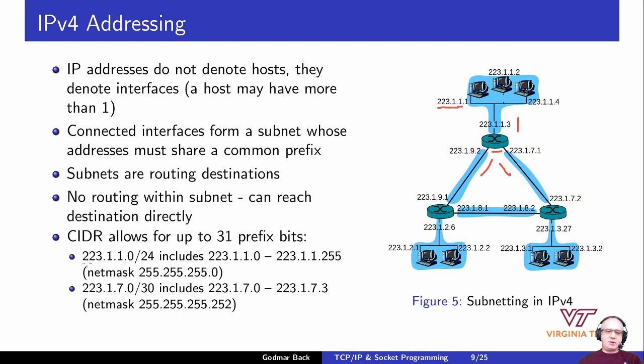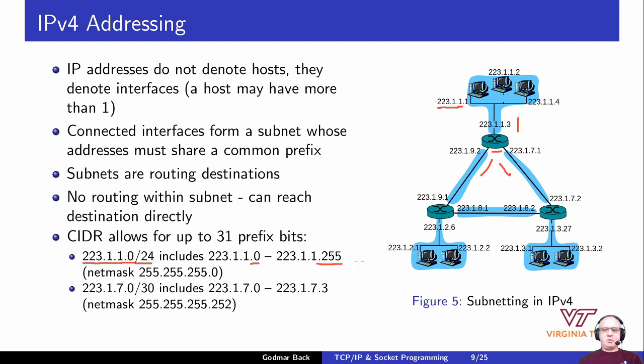We write this down as 223.1.1.0/24. So which addresses would be included in the subnet? It would be the addresses from .0 all the way to .255.